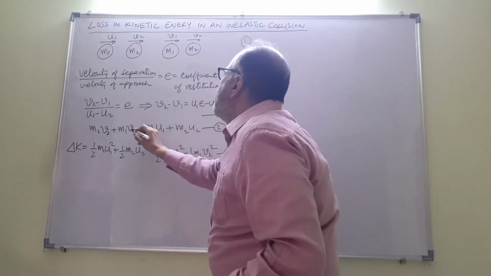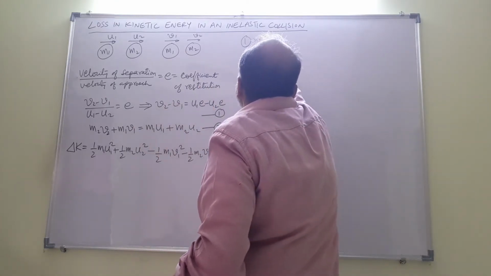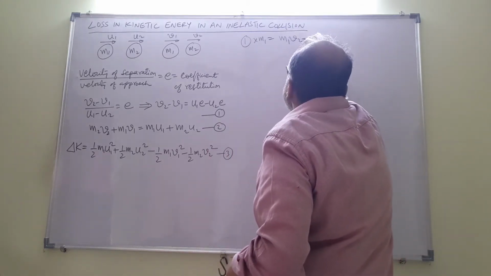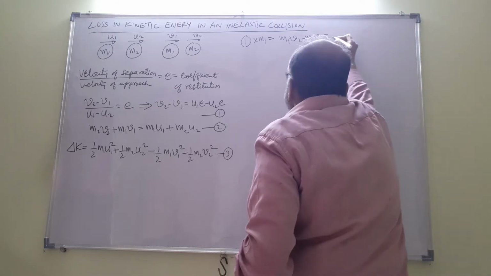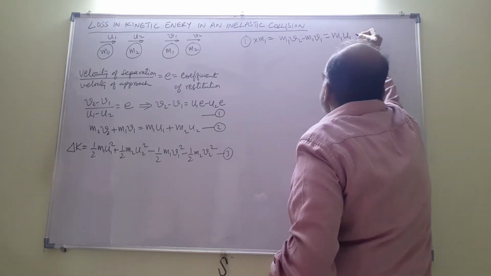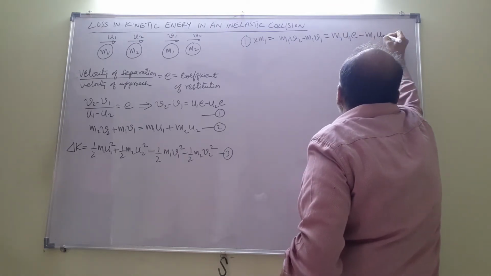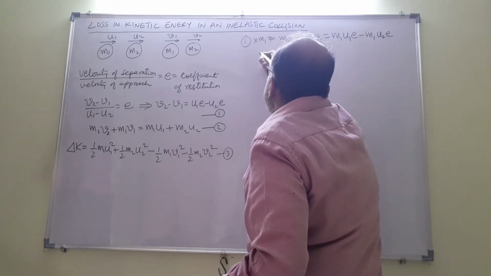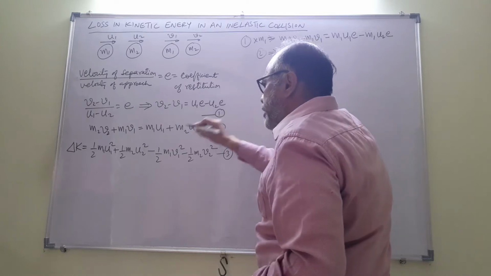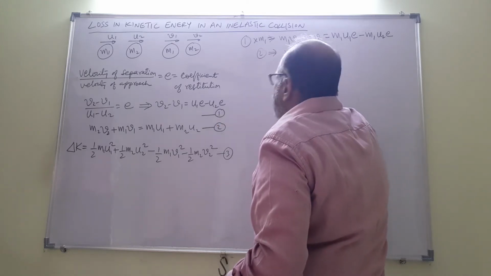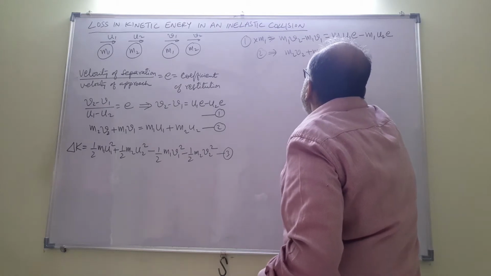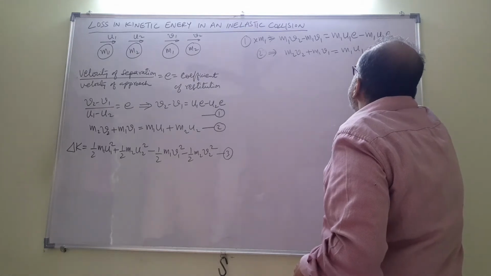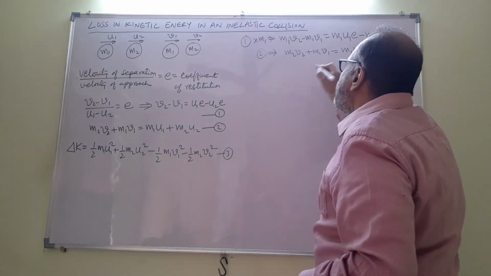The first equation multiplied by M1 gives us M1 V2 minus M1 V1 is equal to M1 U1 e minus M1 U2 e. The second equation we'll write here. The second equation is M2 V2 plus M1 V1 is equal to M1 U1 plus M2 U2.